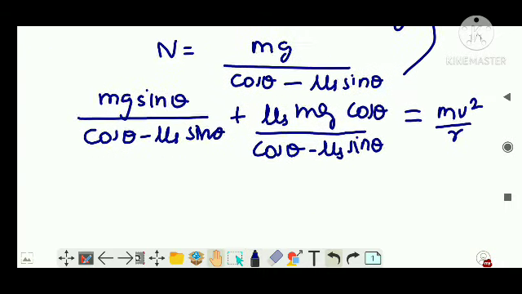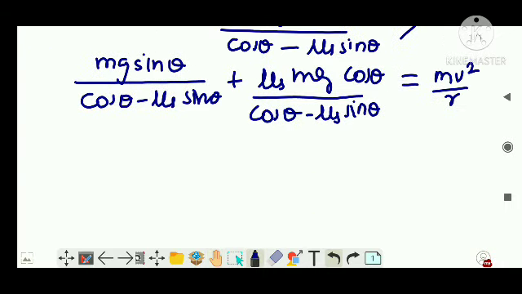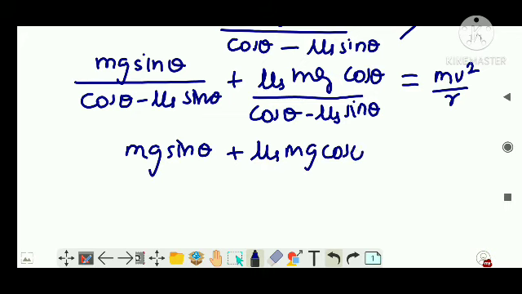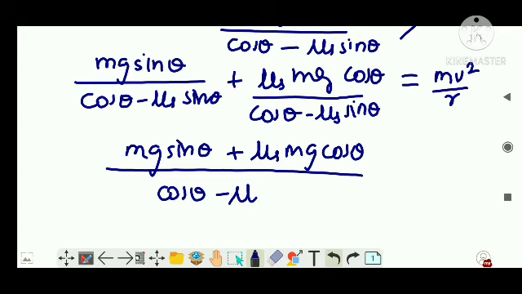Look at the denominators of these two terms, same now. So I can write mg sin theta plus mu s mg cos theta, whole divided by cos theta minus mu s sin theta, equal to mv squared by r. Now this term has m, this term has m, I can cancel m here.